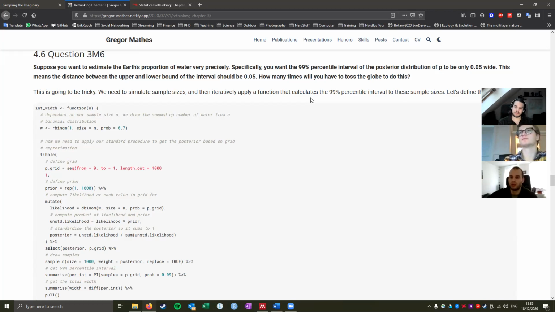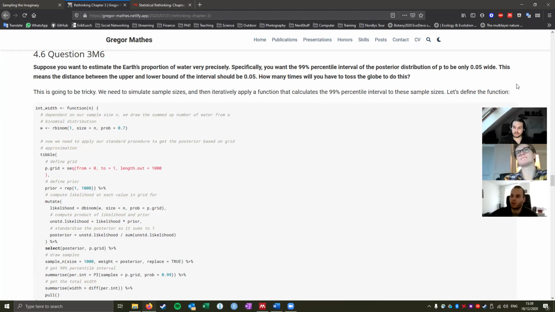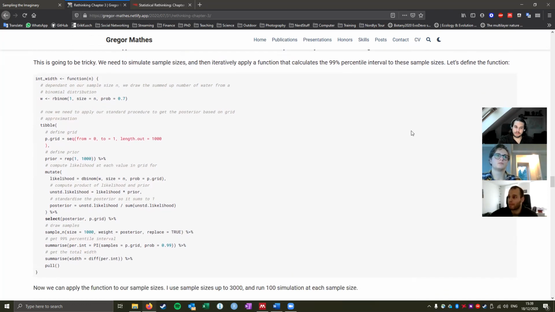So this is basically a power analysis. Previous to making the experiment, you want to know how many samples, or how many tosses, do I need to get a really precise estimate for the p value.